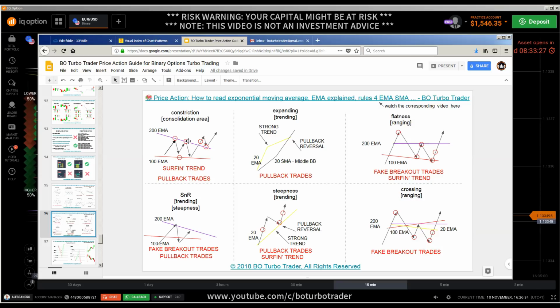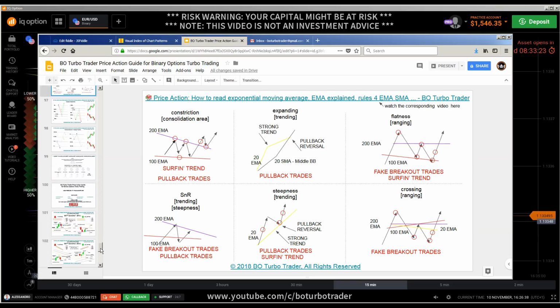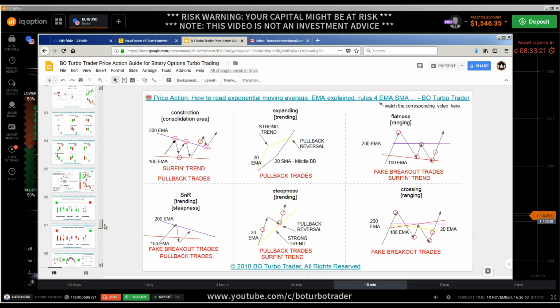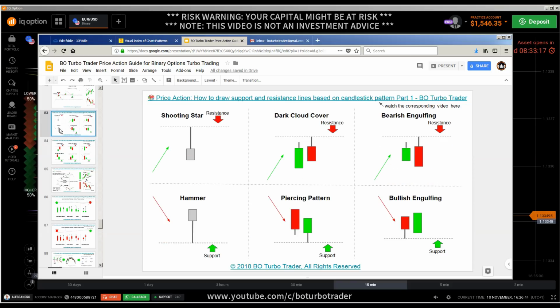After this, the standard concepts where I talked about support and resistance levels, and how to draw support and resistance based on candlestick patterns. You see here the example of a shooting star, which can be a gravestone doji, dragonfly doji, and so on, all those candlestick patterns which have long wicks.